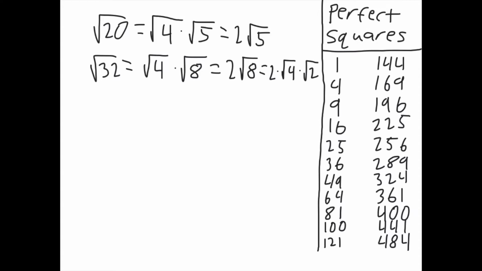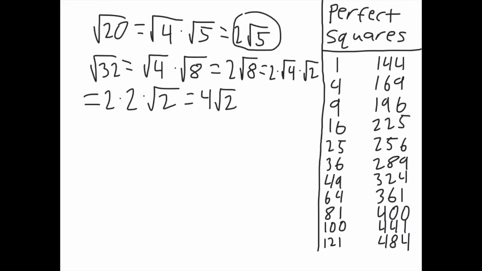So 2 times the square root of 4 times the square root of 2. So that leaves us with 2. The square root of 4 is 2, and times the square root of 2. Now we multiply these two. 2 times 2 is 4. And we're left with the square root of 2. So 4 square roots of 2. Let me just circle the answers.